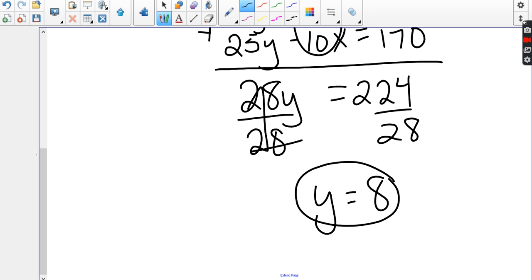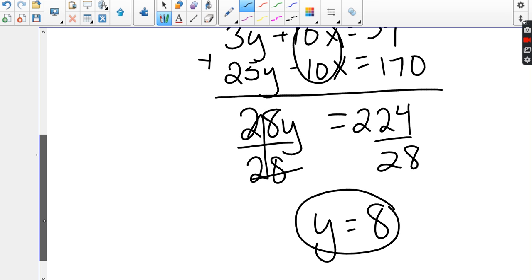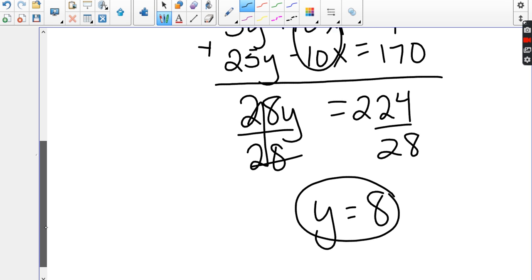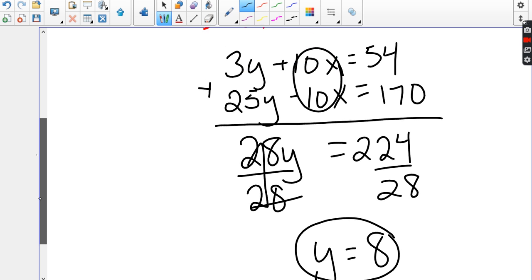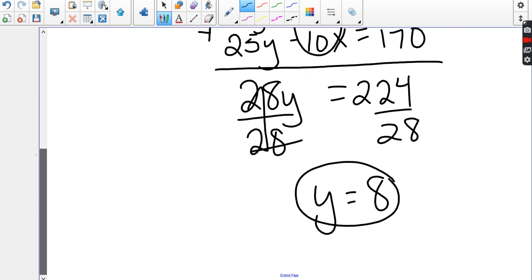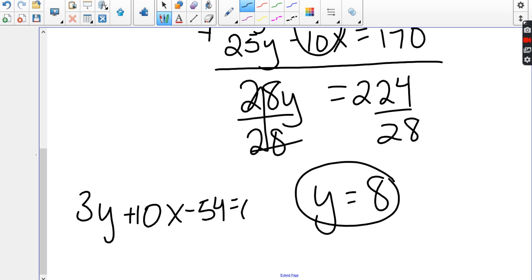Okay, so now I have y, but even though that was a little bit tedious, don't forget that this is a system of equations. We're looking for a solution, so we need the x and the y. Okay, so one of our original equations was 3y plus 10x minus 54 equals 0. Okay, so taking this equation, I now need to solve for x.